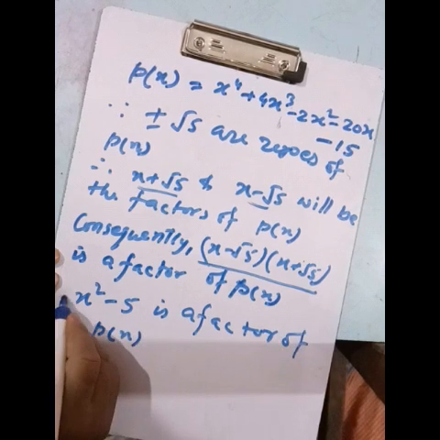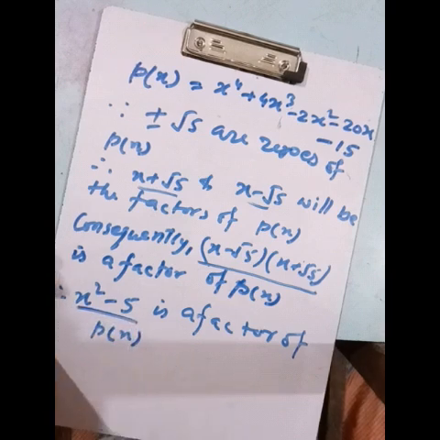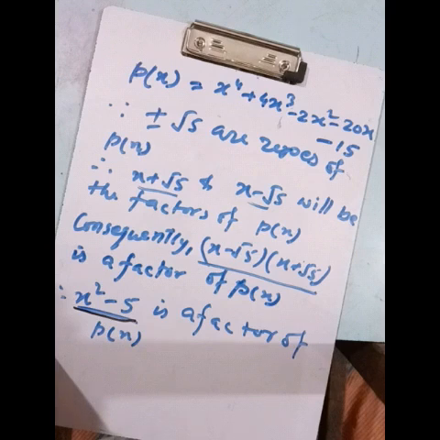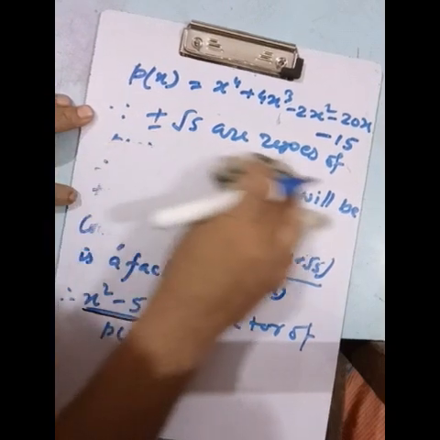Now we divide the given polynomial by this x square minus 5, and whatever is the quotient will also be factorized to get the rest of the zeros. So now I divide the given p(x) by x square minus 5.